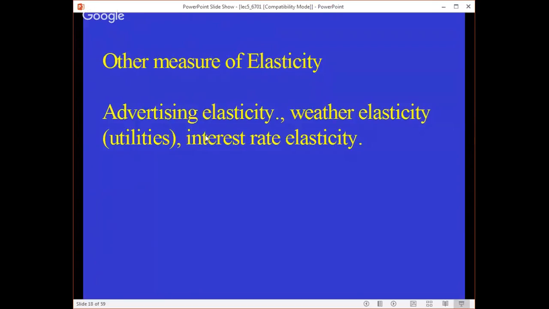Weather elasticity, and this can be measured on different scales. There's something known as dry bulb temperature. Basically, it takes into account temperature and humidity. And for certain products, it's very important. For instance, electricity, home heating oil. There's also other measures, precipitation, for instance. I'm sorry?